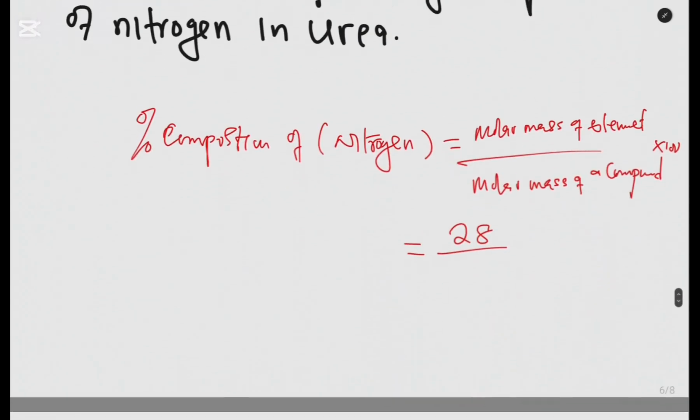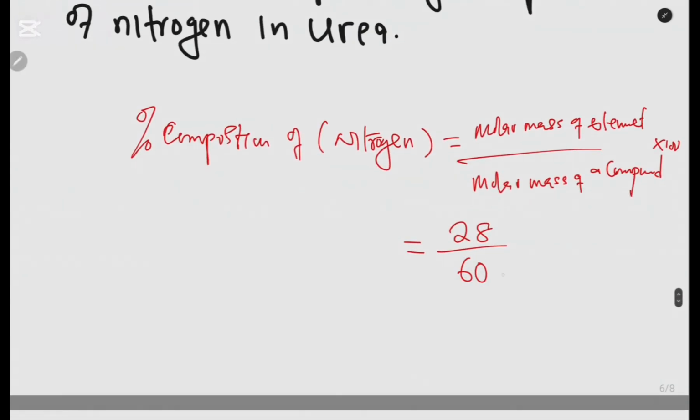Then multiply by 100. So 28 divided by 60, then multiplied by 100. This one I'm able to get 47%. So the percentage composition of nitrogen in urea is 47%.